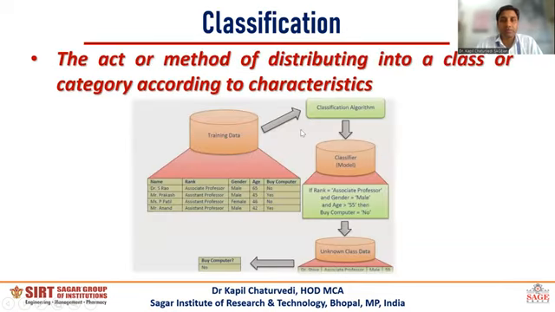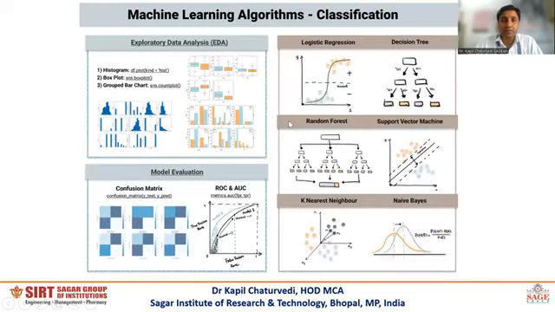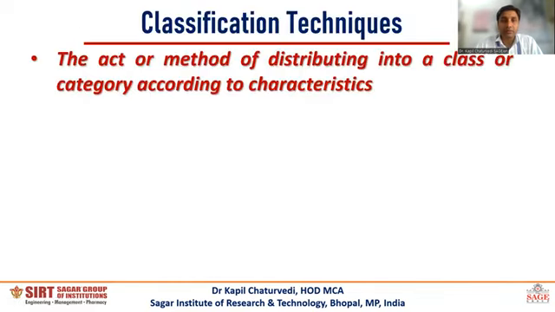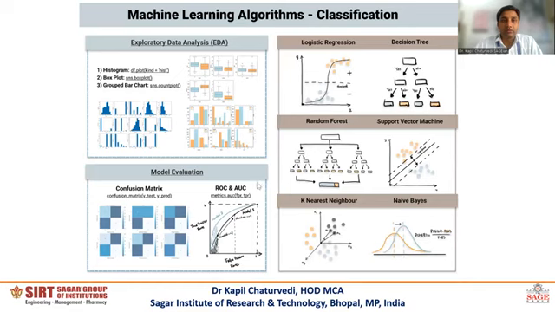Classification is a process where we find the classified data by applying different rules, if-then-else rules, and then we have some algorithms for classification. Here we are mentioning that for decision making.